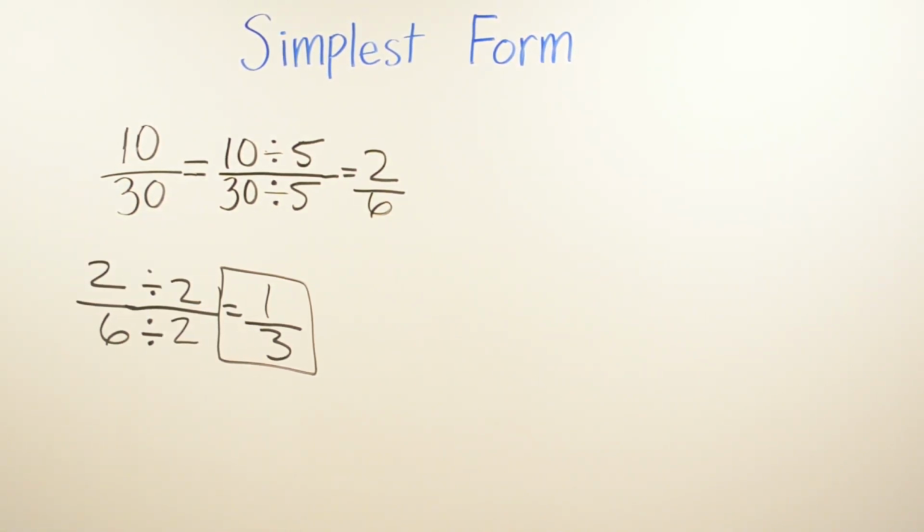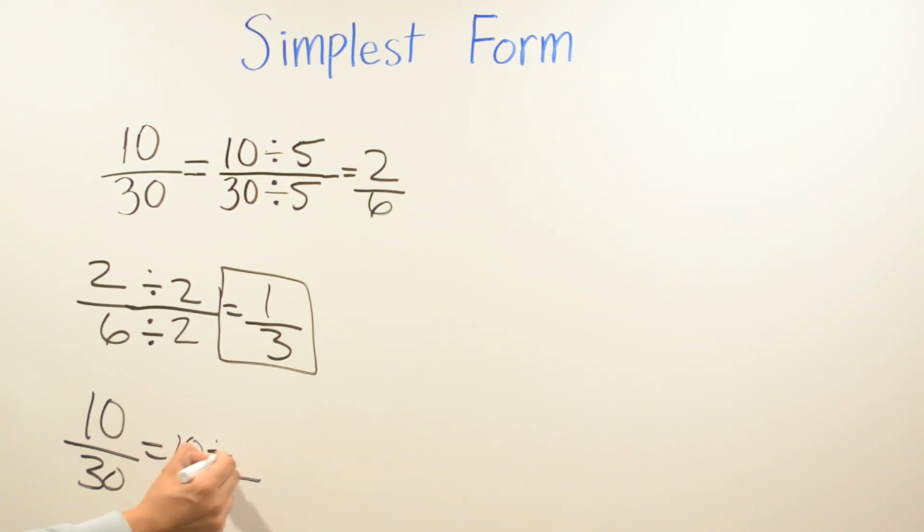Another way that you can do it: you can do that, then simplify again. Or if you know right away that for 10 and 30, the number that goes into both of them is 10, then you divide by 10 and 10.